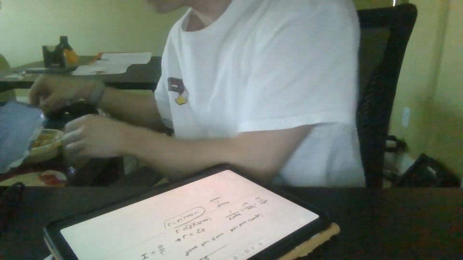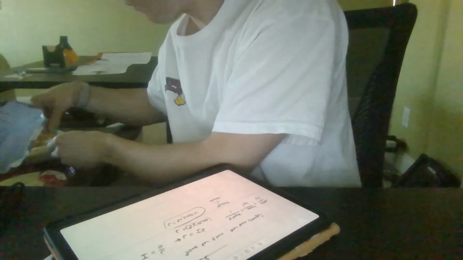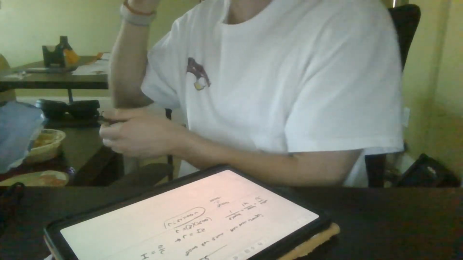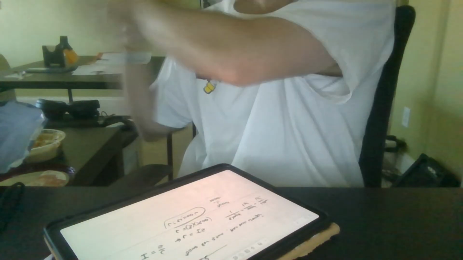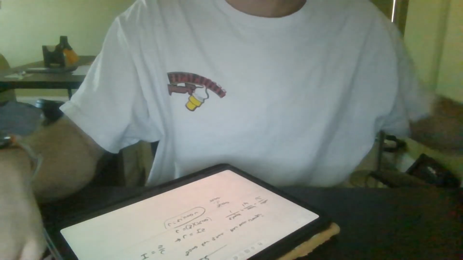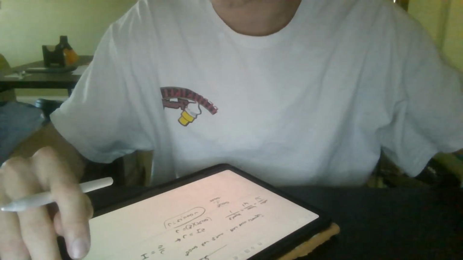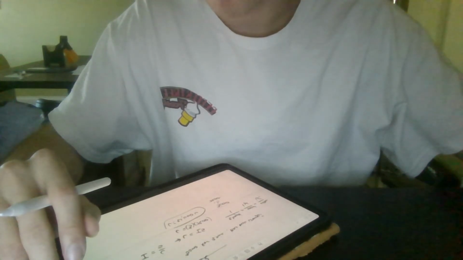Based on the option choices, we see that the best option is 21,600. And indeed, 3 times 7,200 equals 21,600. And that's how we solve a problem like this. It relies on us realizing that current is the amount of charge per second, and then just converting hours into seconds.